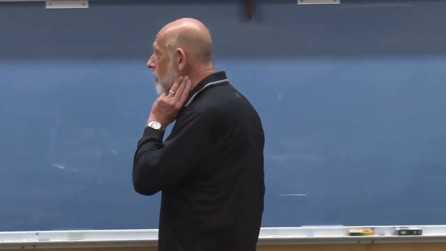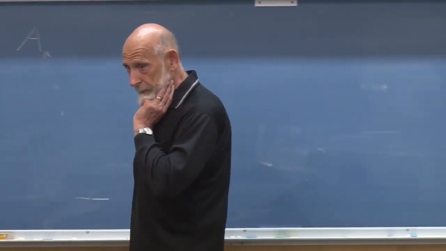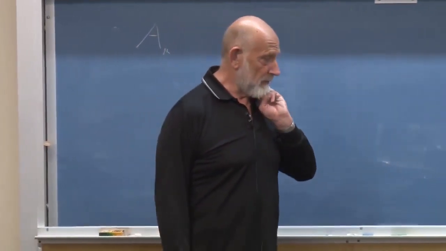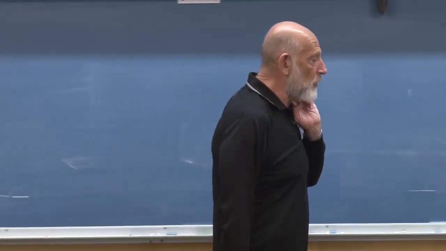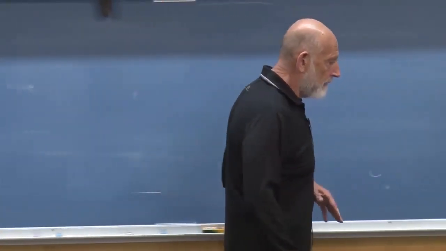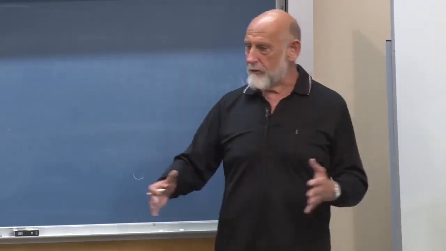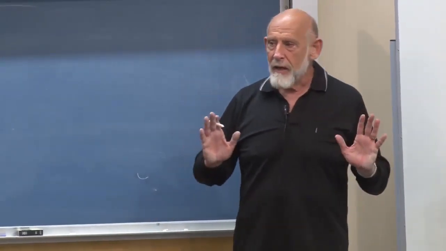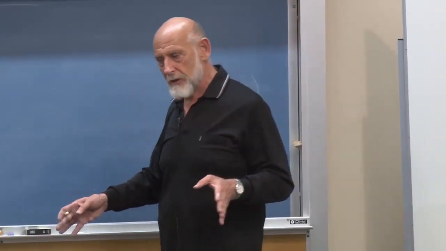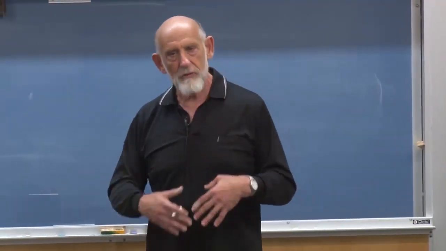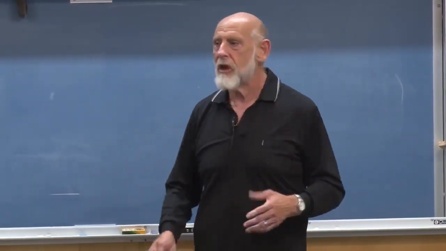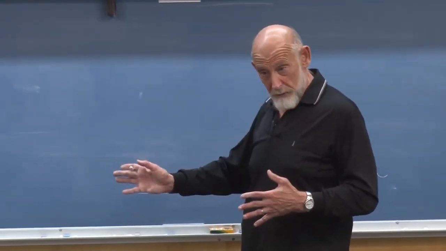You can use that freedom to simplify things. It is almost like a freedom in your choice of a coordinate system. All kinds of freedoms are in physics associated with conventions, associated with coordinate frames, associated with gauges.